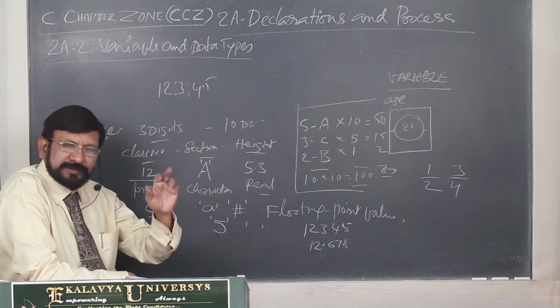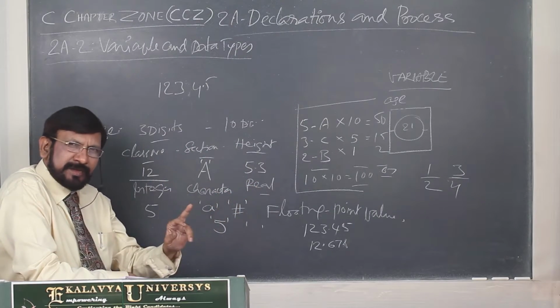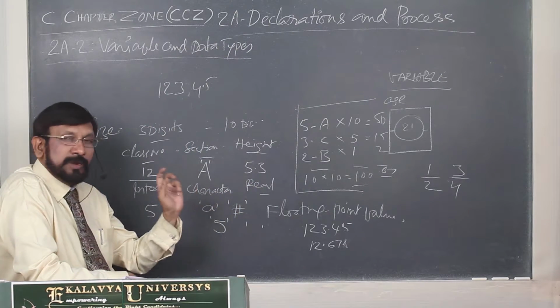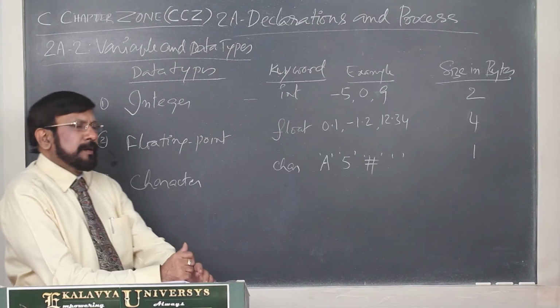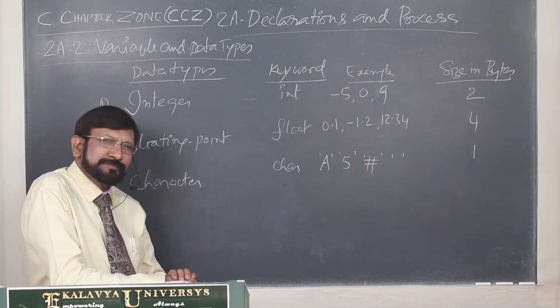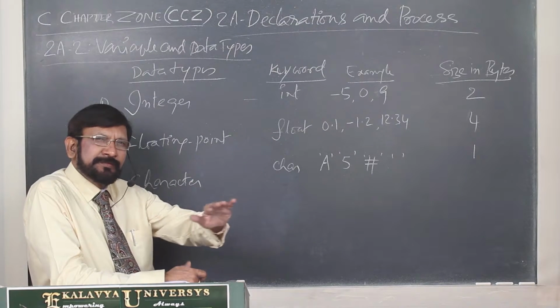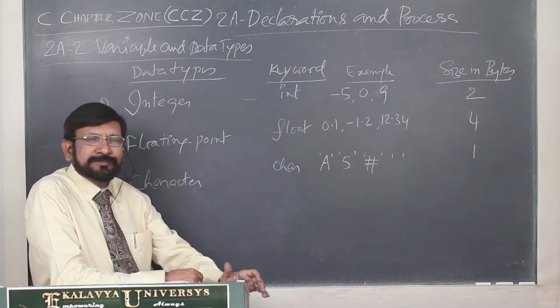That's why in this context, as far as programming languages are concerned, it is not called a real number, it is called a floating point value. By this discussion, what we understood is that it is a prudent practice to classify the data types.